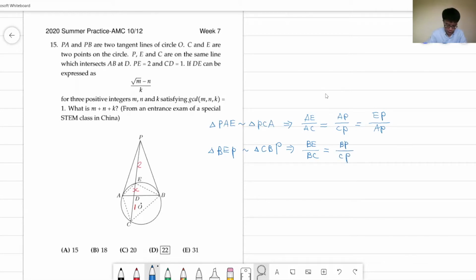But we know that AP must equal BP, because they are tangent lines from the same point P, so they are equal. And so these two equations, these two are equal. We can put equations along all these ratios, and then we have the following.